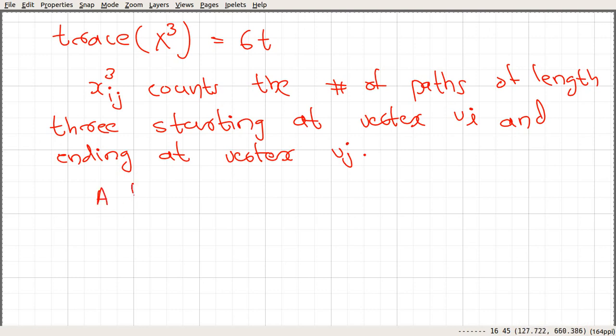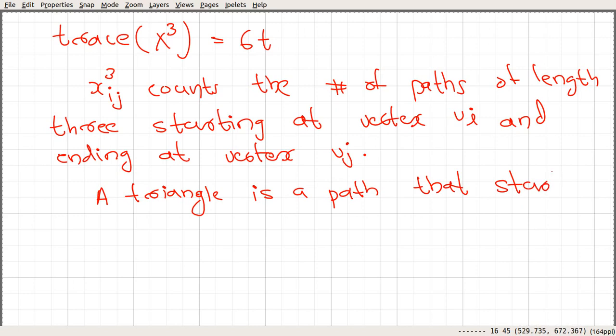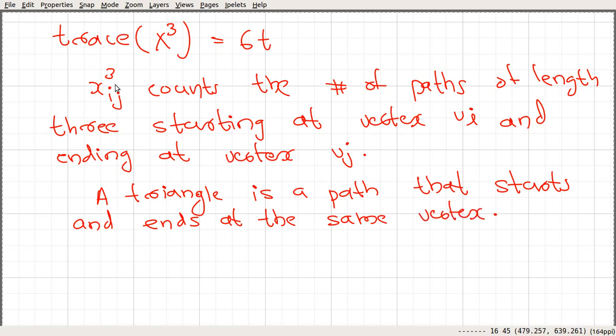And we know that a triangle in a graph is a path where the start and the end vertices are the same. So a triangle is a path that starts and ends at the same vertex. So what we are going to do is look at the iith entry of this cube matrix.